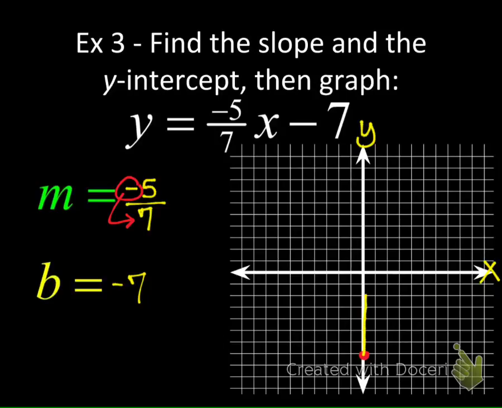But because I changed it to a negative to graph it on the grid, instead of going to the right, which is the positive way, I'm going to graph it to the left because it's going to be a negative 7. So how many spots to the left do I move? 1, 2, 3, 4, 5, 6, 7. The only time that you ever do that is if when you go to graph it, it's going to graph off the grid.